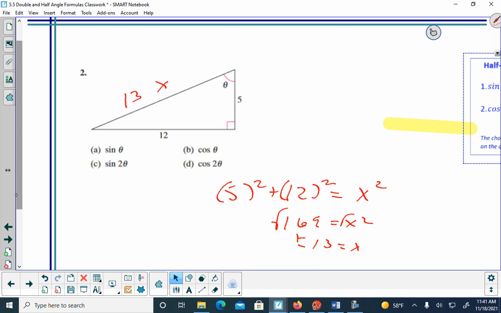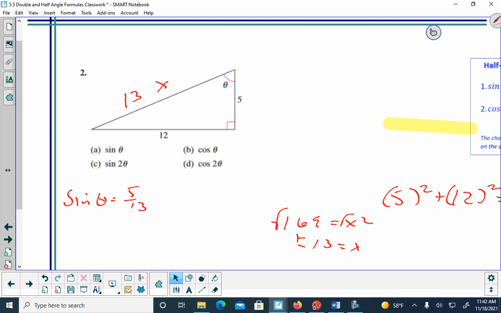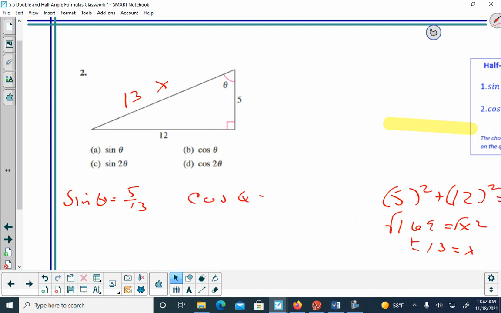And when I find the sine of theta, it's going to be the opposite over the hypotenuse. The cosine of theta is going to be the adjacent over the hypotenuse. Now when I'm doing these double angles, I'm looking at my formula sheet, and for sine I only have one that I can use.